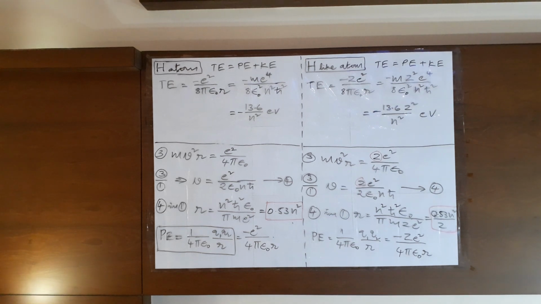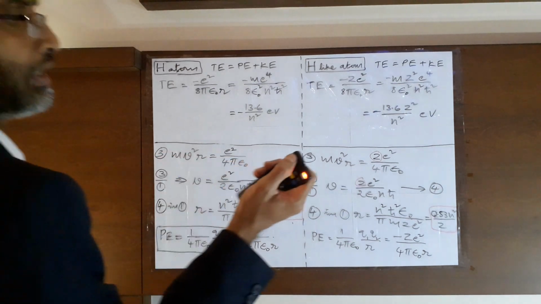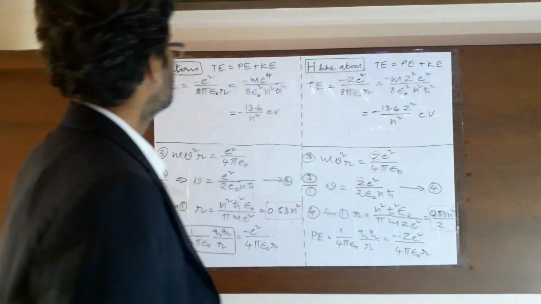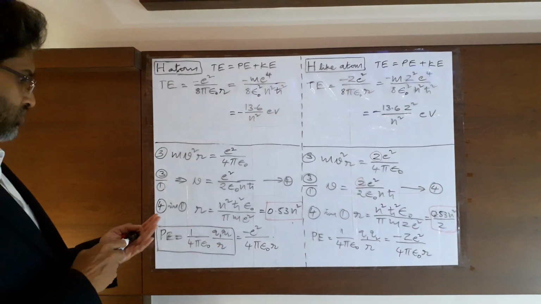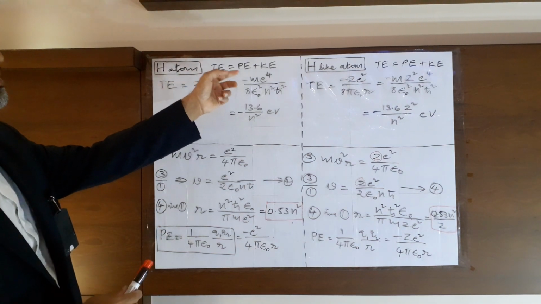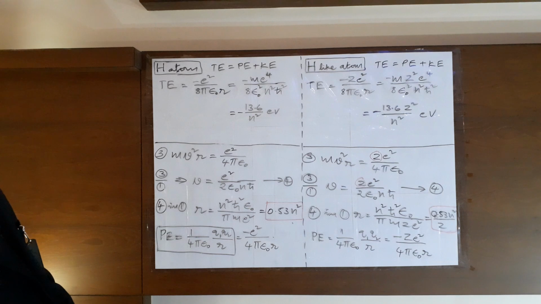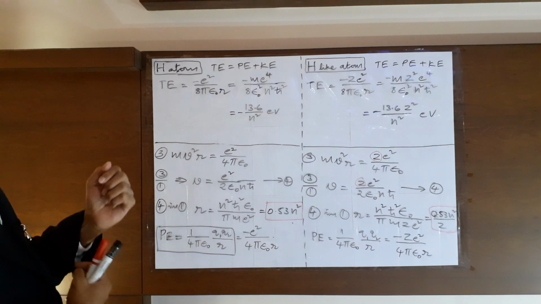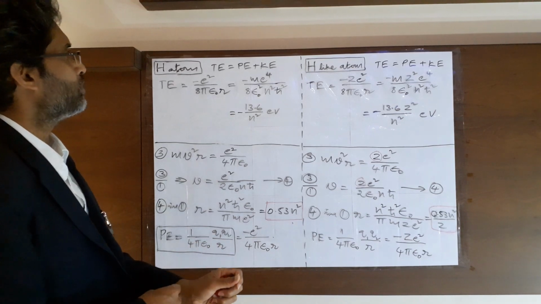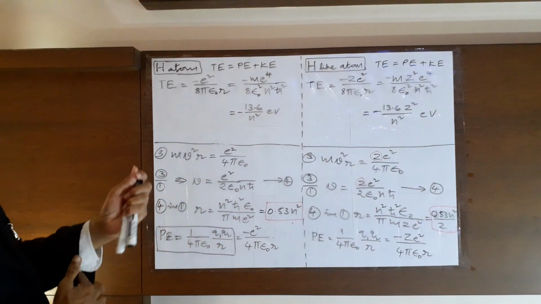Now, after this, you again compare the hydrogen atom and the hydrogen-like atom. In this, now I introduce the total energy. Total energy for the hydrogen atom will be the sum of potential energy plus kinetic energy, right? If you add those two, potential energy is negative and kinetic energy is positive.